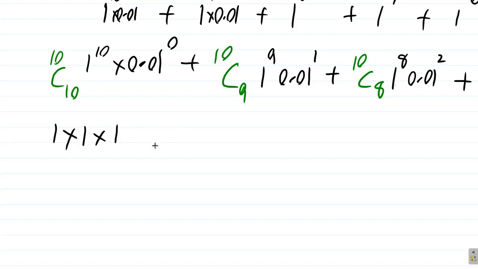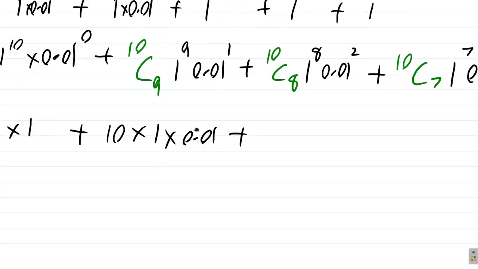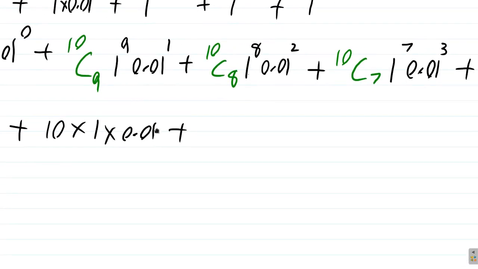So we have 1 for the first part, plus the 10C9. 10 shift NCR 9 equals 10. This is 10 times 1 to the power of 9 is 1 times 0.01 to the power of 1 is 0.01, plus then we have 10C8. I have to press shift with this calculator, and then NCR 8 equal, I have 45.